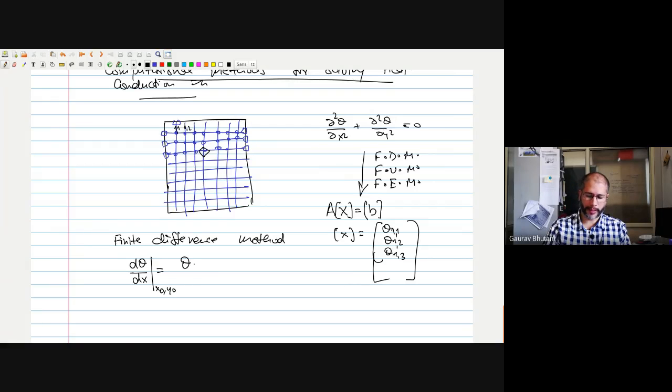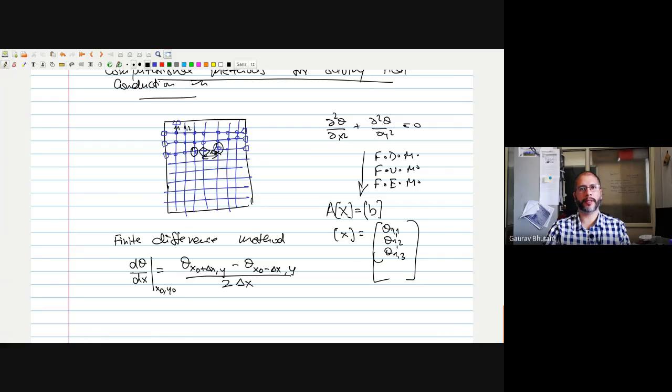So I write theta at x naught plus delta x comma y, minus theta at x naught minus delta x comma y. Delta x is this grid size, and then I divide that by twice delta x, because I've taken this value of theta minus this value, divided by twice delta x.